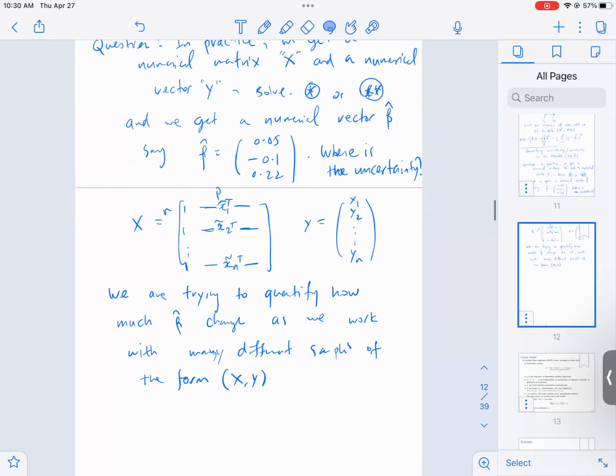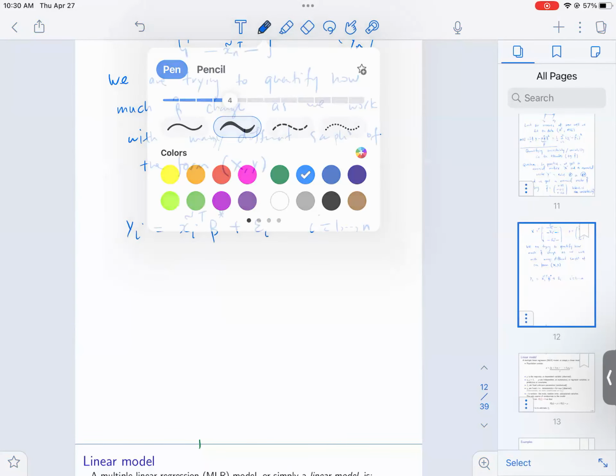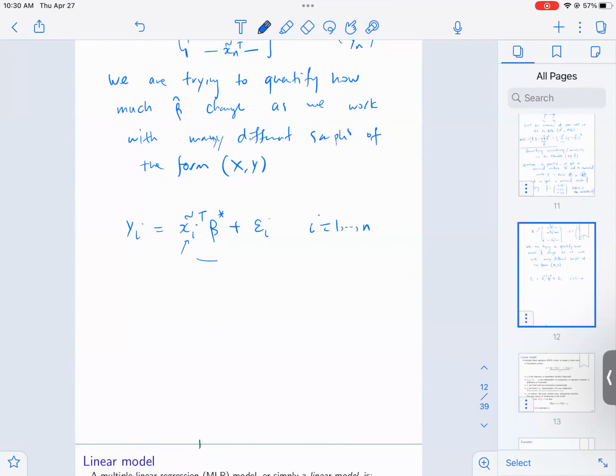So the things that we usually do, like you say y_i is x_i tilde transpose beta, sometimes written beta star, plus epsilon_i, for i from 1 to n. And we could view these as random variables. That's the population abstract problem. I can sample from this many times, or actually compute probabilities. So probabilities and expectations tell you about what happens if you do these things many, many times.